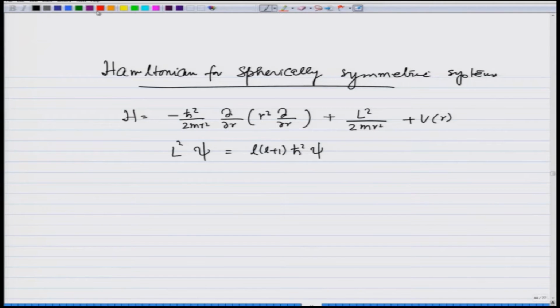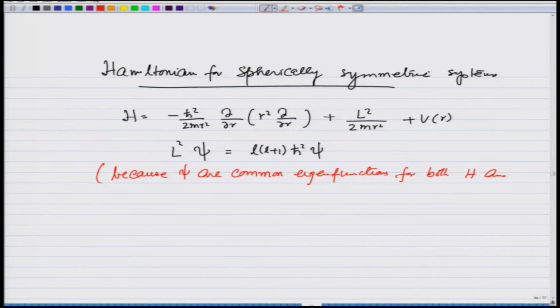Why? Because psi are common eigenfunctions for both H and L square.